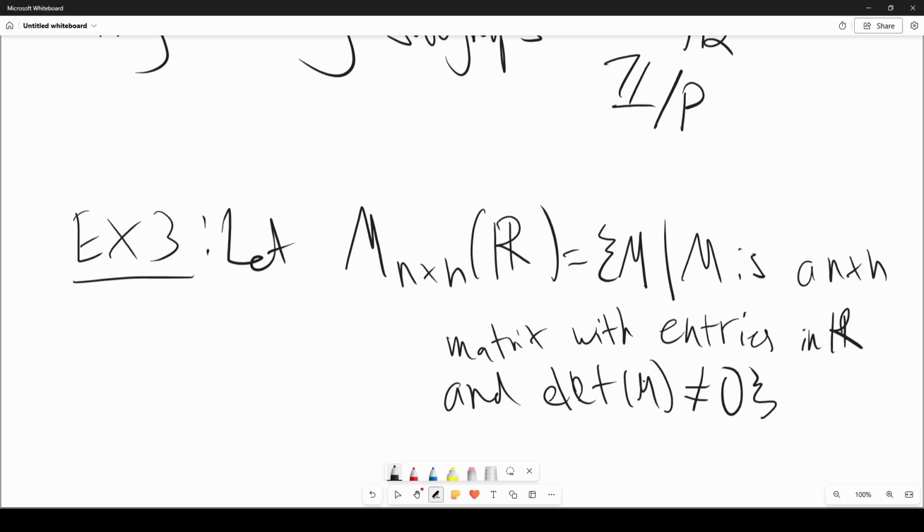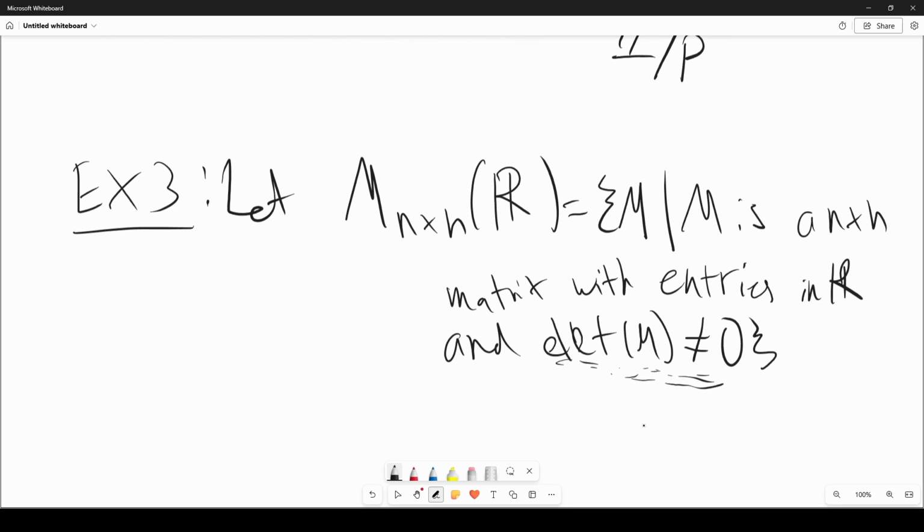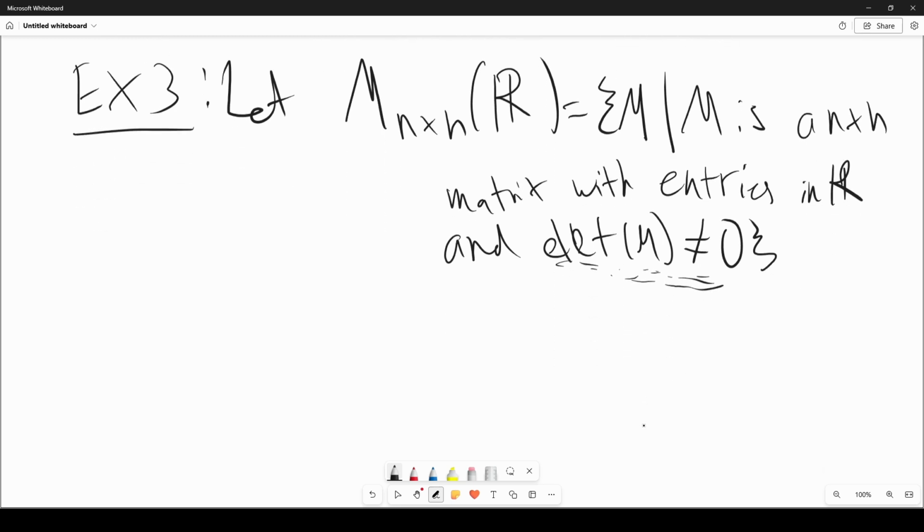And there's a very specific reason why I've chosen this requirement right here, determinant of M is not equal to 0. And we'll get to that later. So it's all n by n matrices with real entries where the determinant is non-zero. Hopefully, if you have some experience with linear algebra, you might see why I've defined it that way.